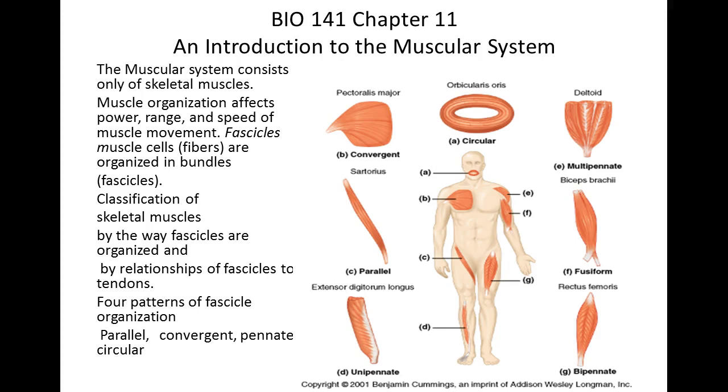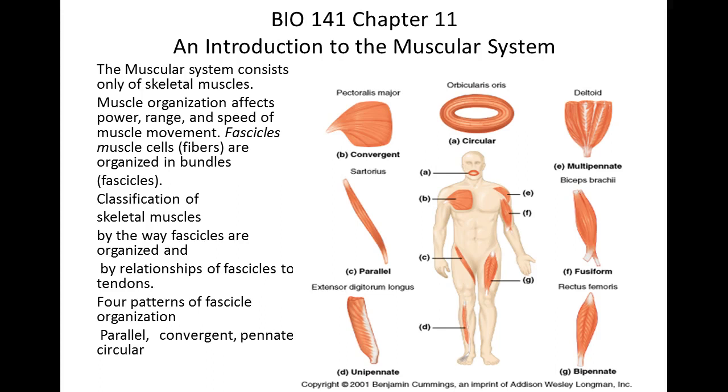With parallel, and you see parallel, that's the second on the left in the middle, the fibers are parallel to the long axis of the muscle, like the biceps brachii. That creates a fairly broad movement with regard to parallel.